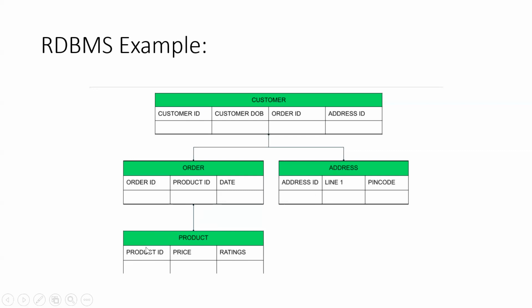This common column is called a primary key or foreign key. The product ID in the product table should be unique in nature. Suppose in a shopping mall, I give a product ID to a particular product. Maybe there are lots of items with the same product ID, but I'm not storing them all in the product table.